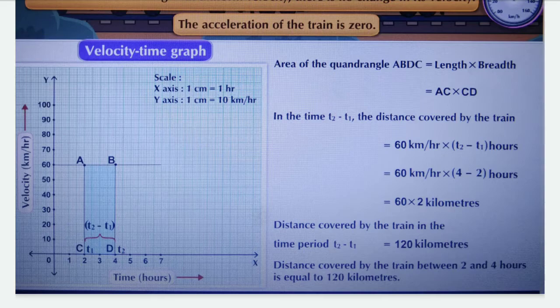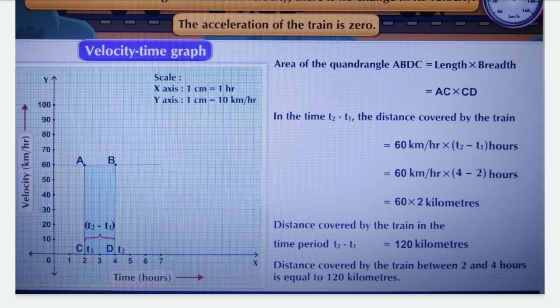Observe the graph very carefully. It makes a rectangle or quadrangle ABDC. We can find out the area of the quadrangle ABDC is equal to length into breadth. Length is given by AC, and comparing it to the y-axis, we can find that the length of AC is 60 km per hour.